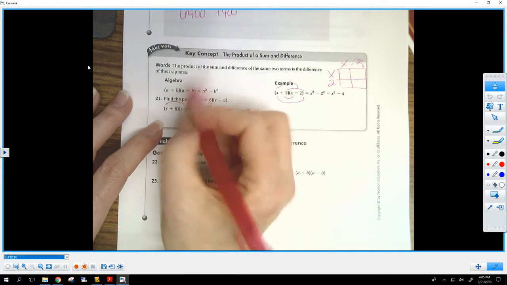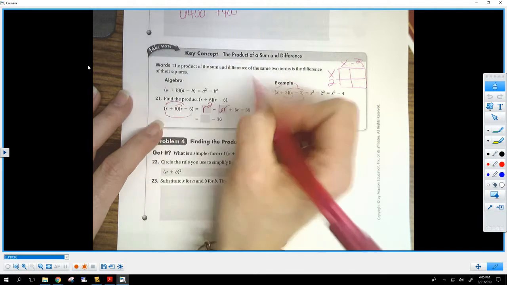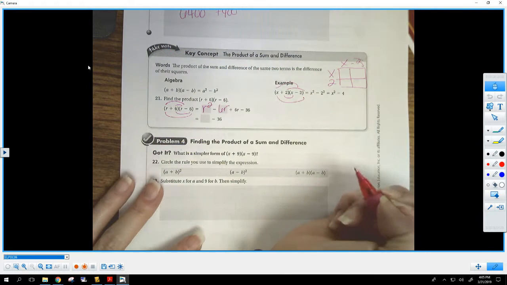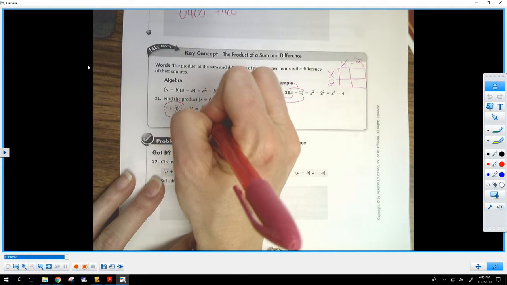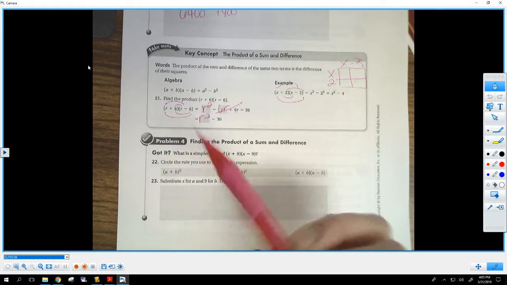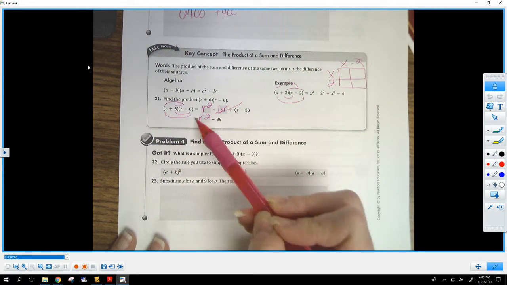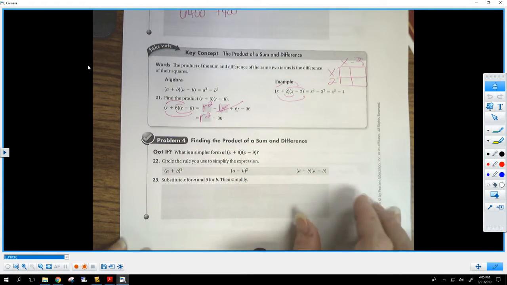R squared, and then we have outer, so -6r, inner, plus 6r, and last -36. So this eliminates, and you get r squared minus 36. So that is the answer you'll get, but you'll still go about it. FOIL or box method, whichever works best for you, is how you're going to do that, right?